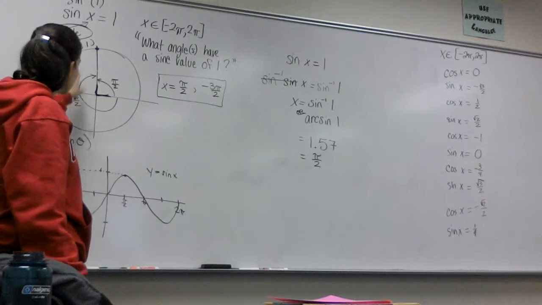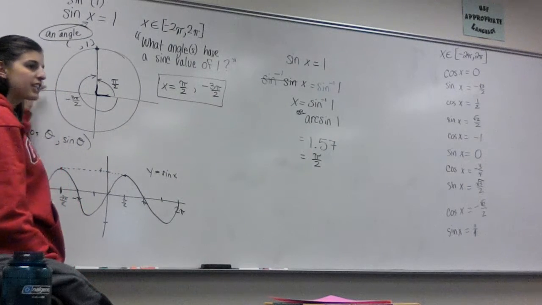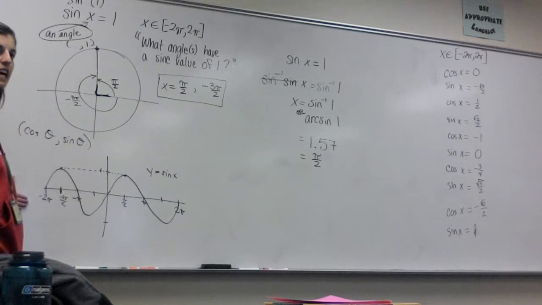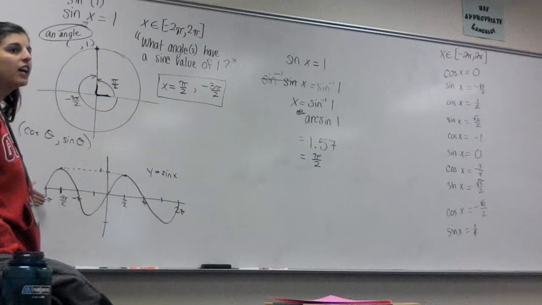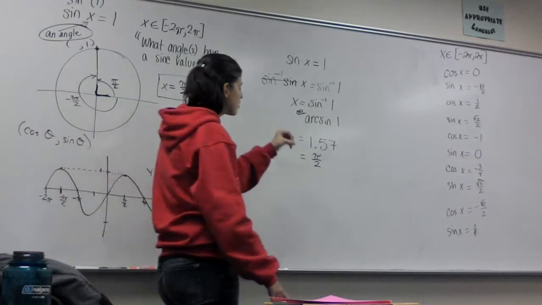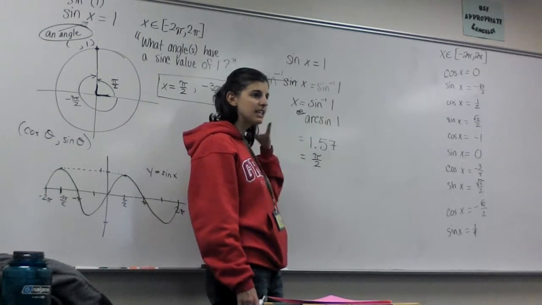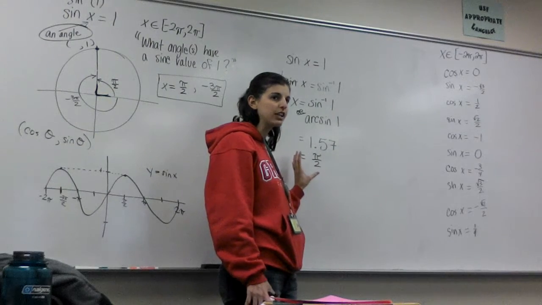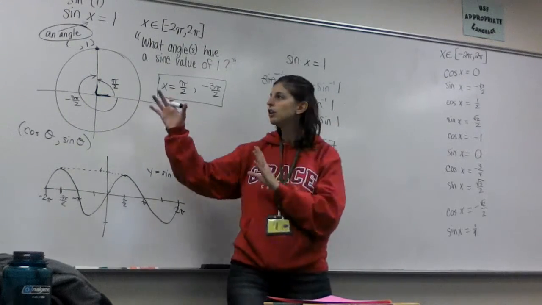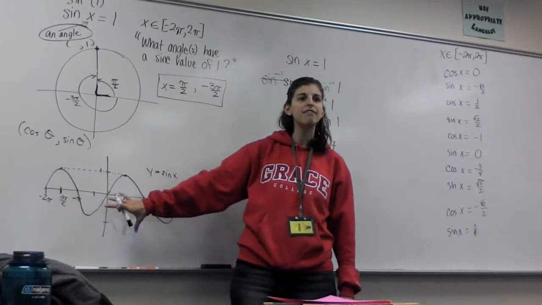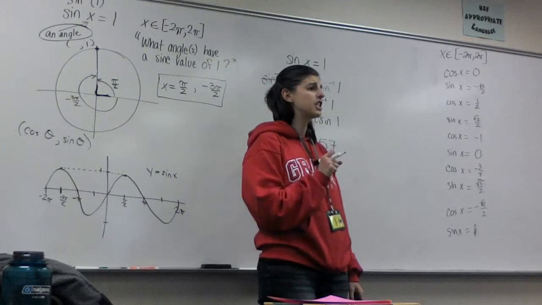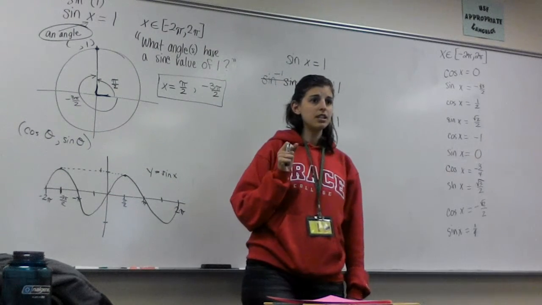There is another solution, and you can either reflect to the unit circle or to your rectangular coordinate graph, either one, to think about what other solutions you would have. So this is not enough information, I guess is what I'm telling you. You need to be able to still go to the unit circle or this graph and come up with all solutions. Does that make sense?